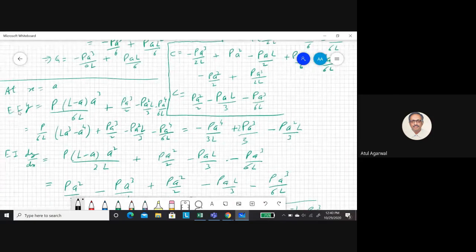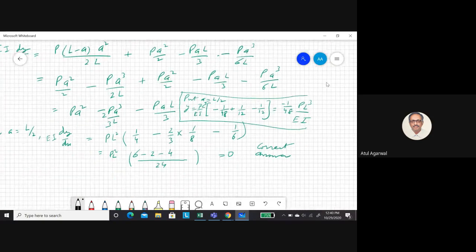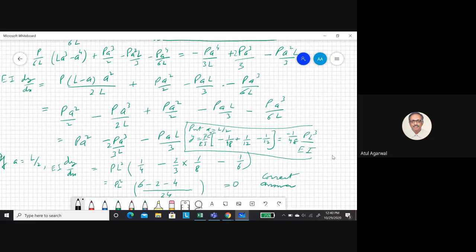So you get your deflection, and you get the slope at point A. If your A is equal to L by 2, you see your slope is 0 as you expected. If you apply the load in the middle, you get a 0 slope just by symmetry. And this is the deflection.